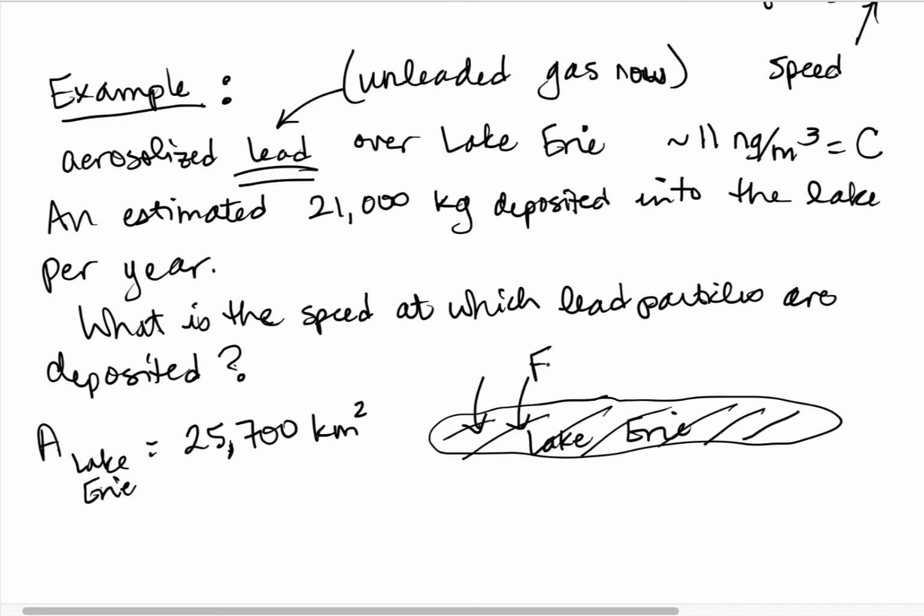And so our flow is going through the surface of the lake, and that gives us our flux. So the flux would be equal to the flow over the area. And we also note that the flux is equal to the concentration times the speed. So if we look at the information we have, we do not have the flux, but we do have the concentration.